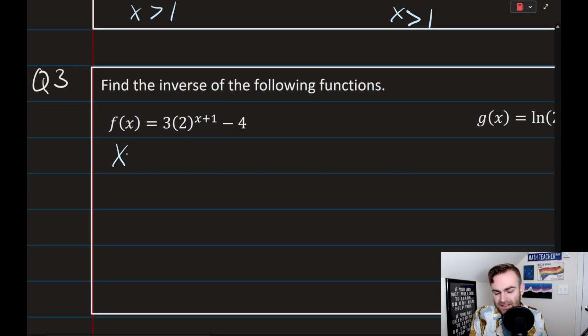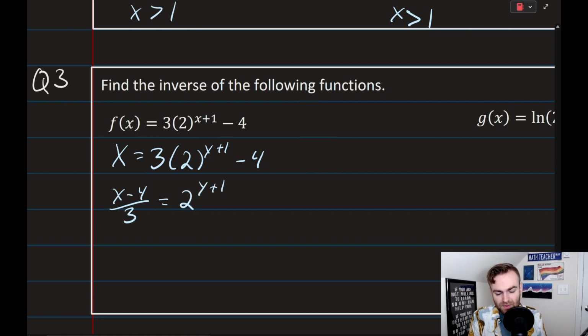So we have x is equal to 3 times 2 to the power of, it's not x anymore, it would be y plus 1 minus 4. So we're going to subtract 4, x minus 4, and then divide by 3. And that would give us 2 to the power of y plus 1. Log base 2 of both sides: log base 2 of x minus 4 over 3 is equal to log base 2 of an exponential.